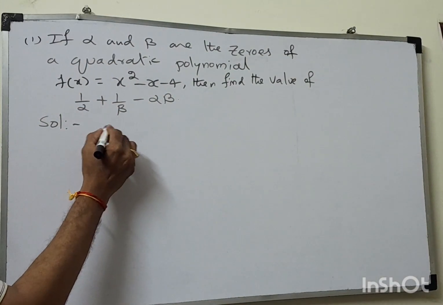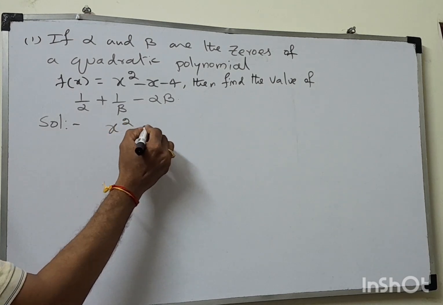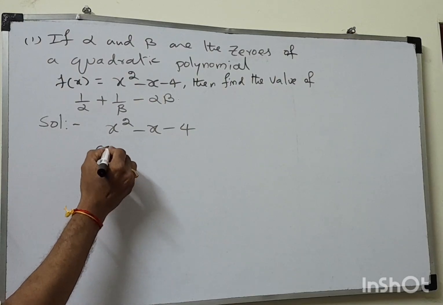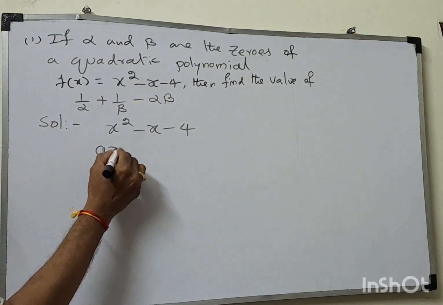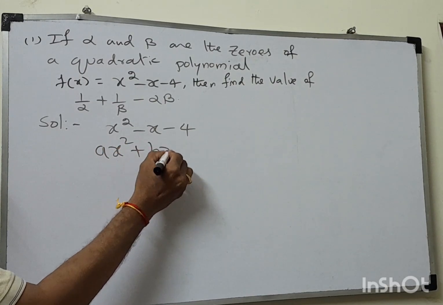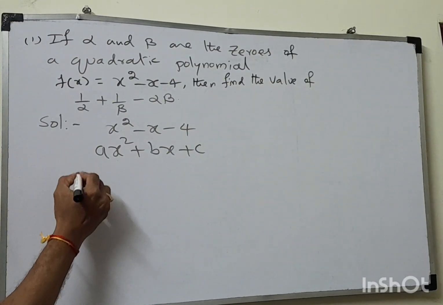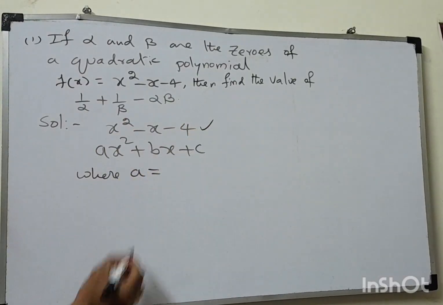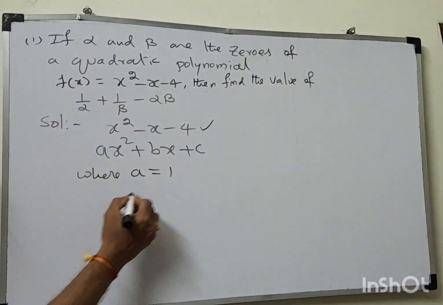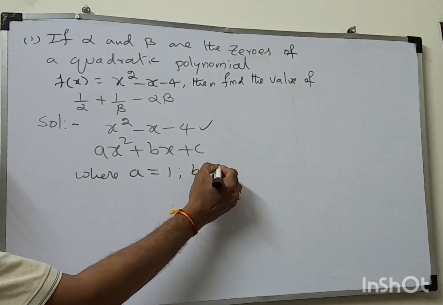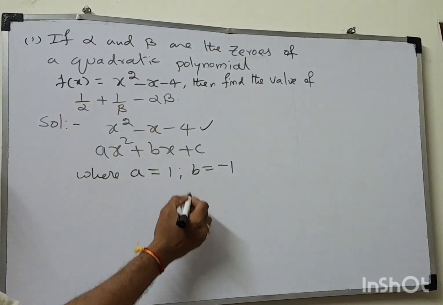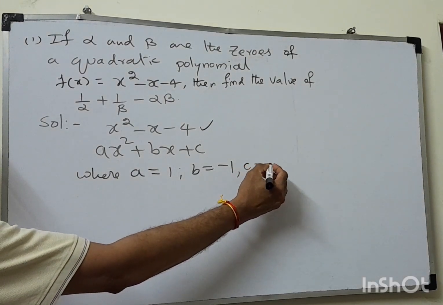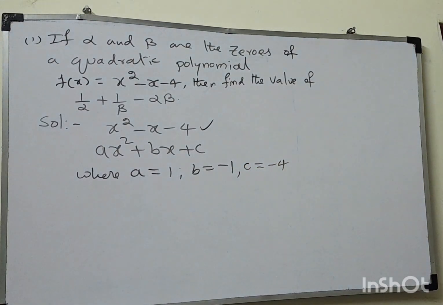First you take the polynomial, that is x square minus x minus 4, and compare this with the general form of polynomial ax square plus bx plus c, where a equals 1, b equals minus 1, that is the coefficient of x term, and c equals the constant, that is minus 4.